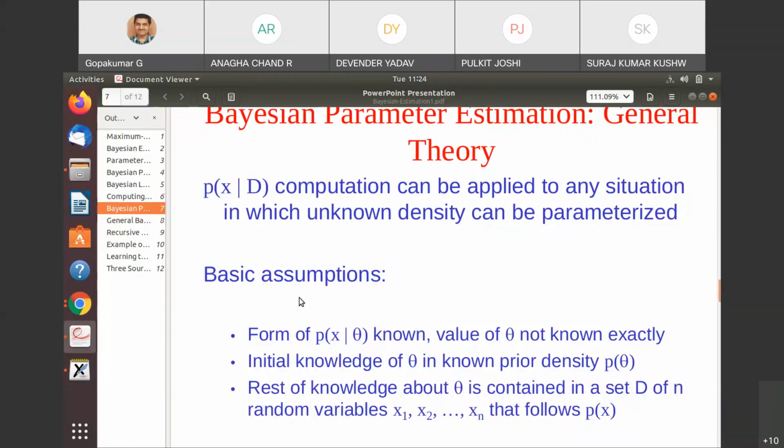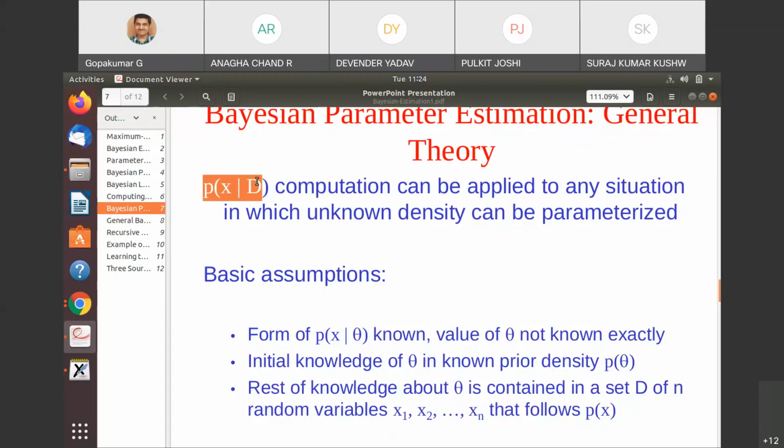So when it comes to Bayesian parameter estimation, as a general theory, what we have to find out is the probability of x given D. That is the class conditional density, and it must be multiplied by the prior probability in order to find the posterior probability, that we know.